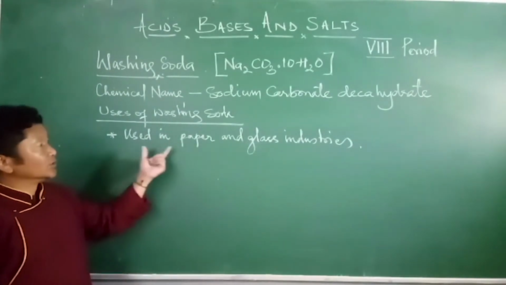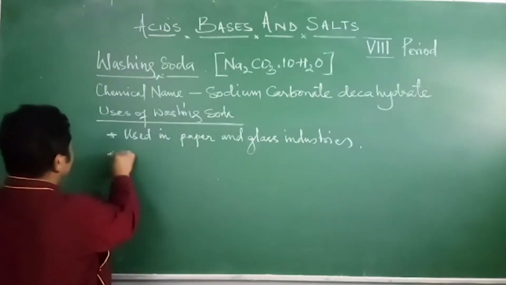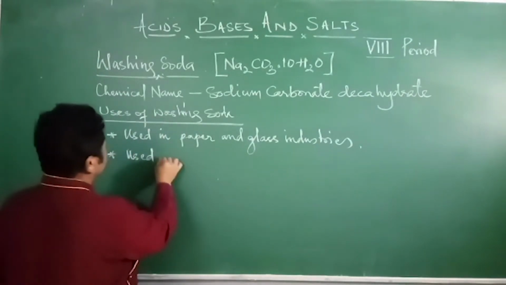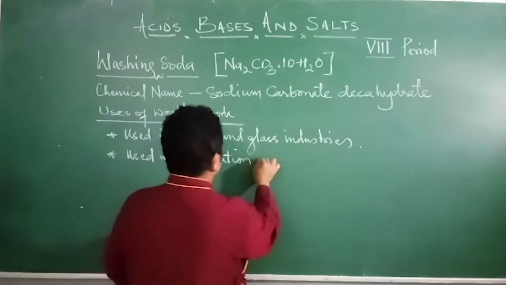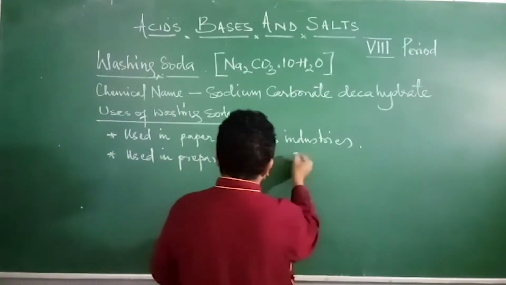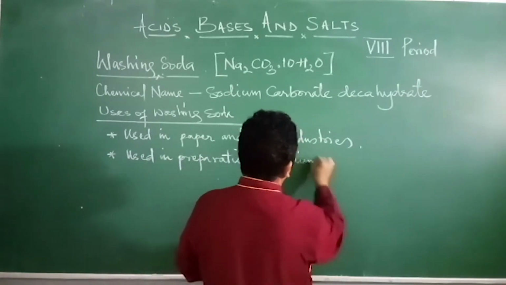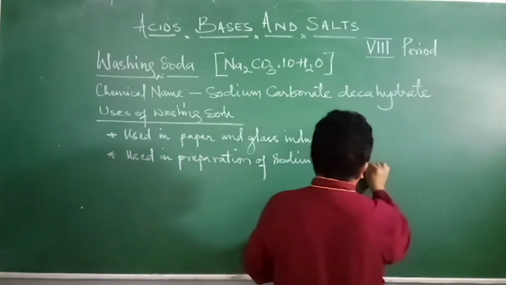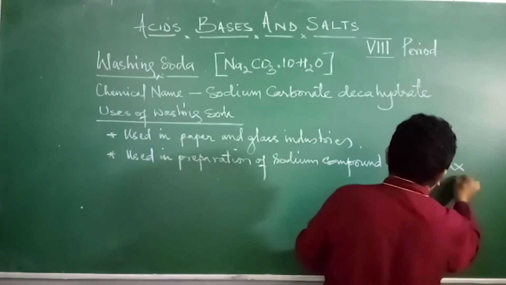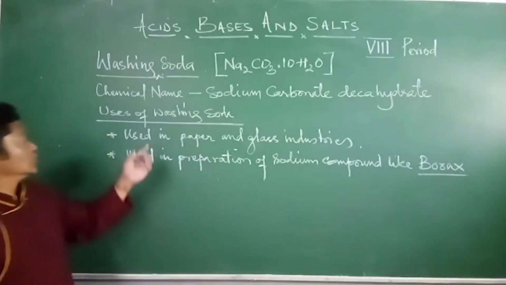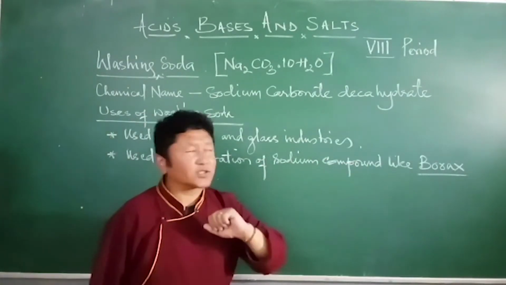Washing soda is used in paper and glass industries. It is used in the preparation of sodium compounds like borax.